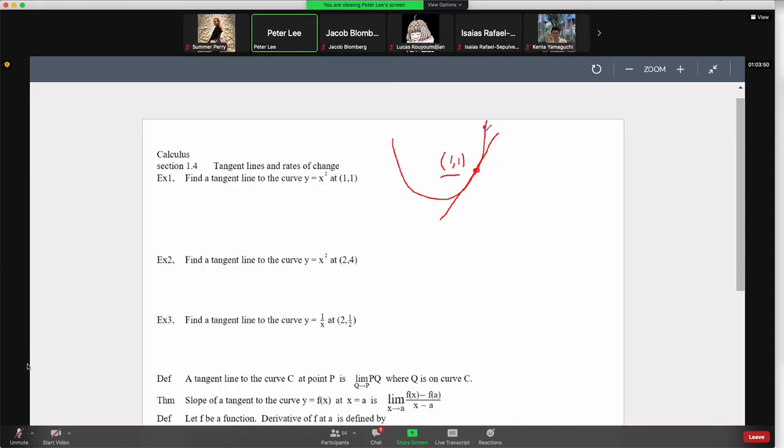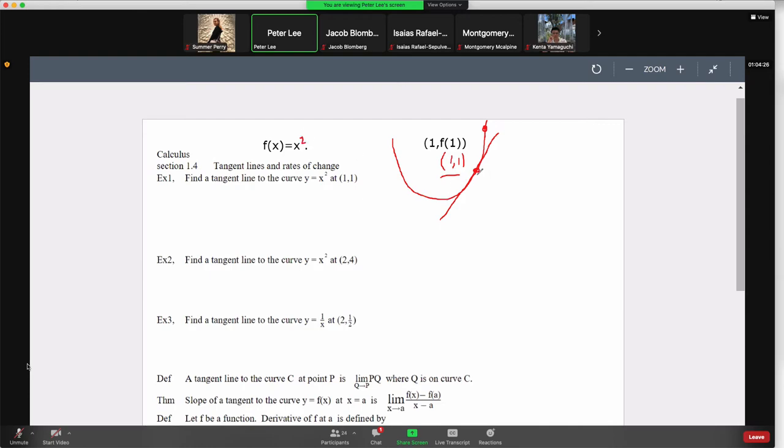We will pick a point right here. This, by the way, (1, 1) is basically what? (1, f of 1). But in our case, in example 1, what is our f of x? f of x is x squared.